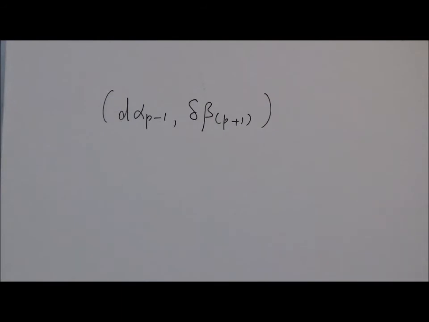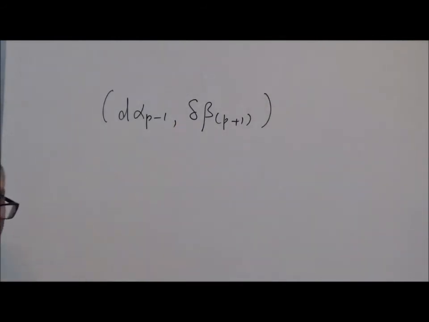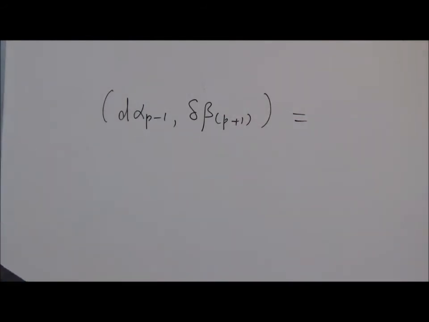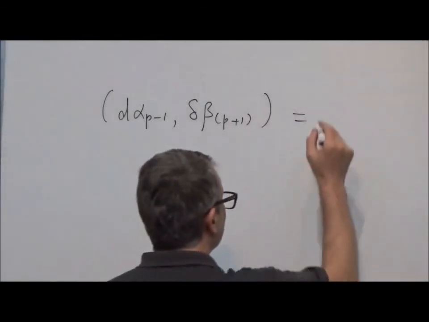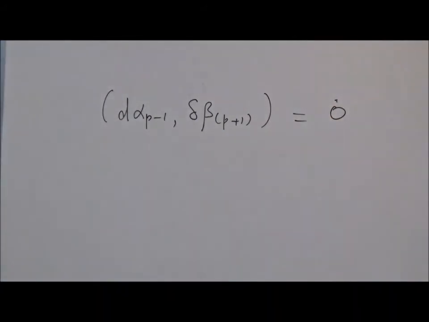If you can remember what was written over there, you'll remember that I'm allowed to move that delta to this side and call it d. And by a famous exercise, which you all did last night, except for him, where were you? You remember that d squared is equal to? 0. Thank you.